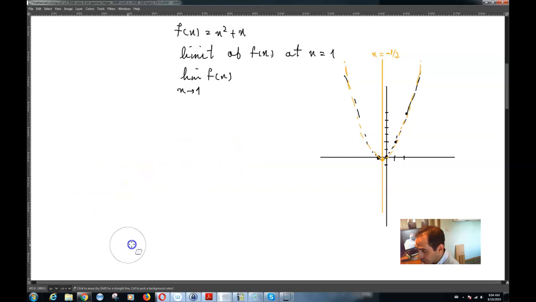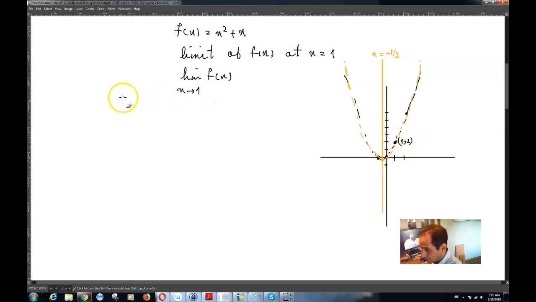Now what you want to do here is find the limit of the function at x is equal to 1, which we found to be the value of the function at x is equal to 1, which is 2. So that is the point 1 comma 2. As you can see, as I get closer and closer to 1 from the right and from the left, the function is tending towards this point 1 comma 2.